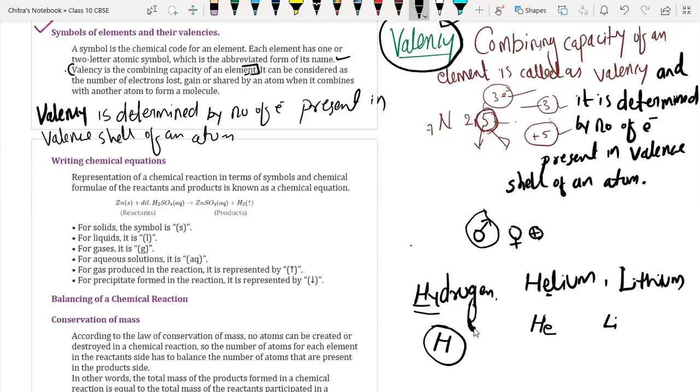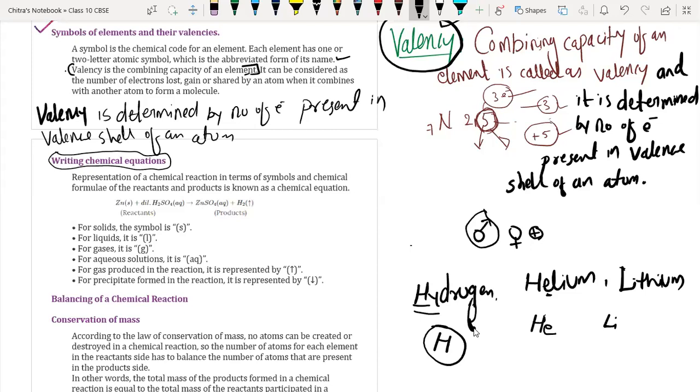Okay, so these are the very important points that you have to write, or you can take a screenshot also. Then we have the next point, writing chemical equation. So till here, do you have any doubt? If you have, you can ask me the question now, or we will move further.